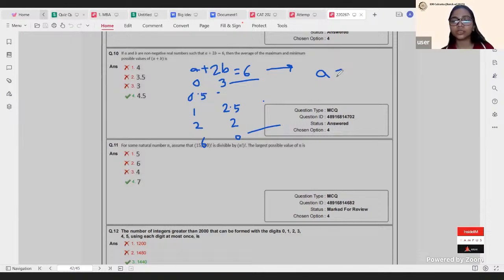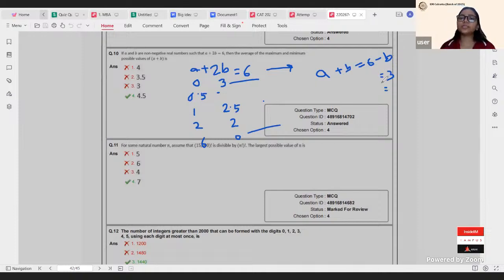The other way to do it is basically to have something like a plus b equals to 6 minus b, to write it in this format. So pretty much when b is suppose 6, which is not possible. When b is 3, then it would be 3. The maximum value of b can be 3, and the minimum value of b can be 0.